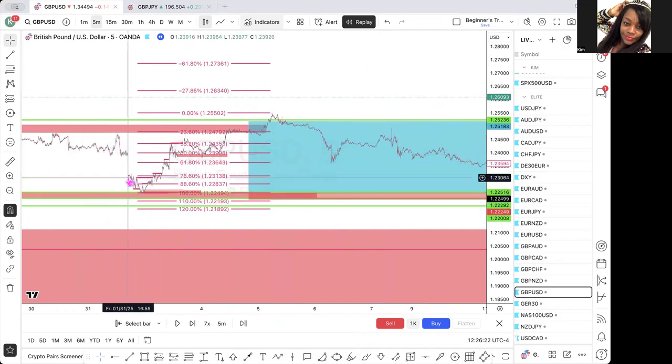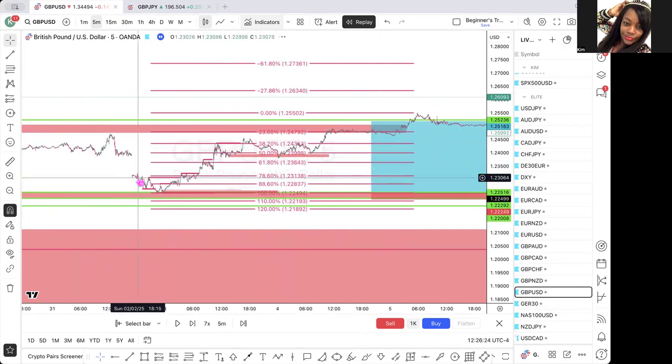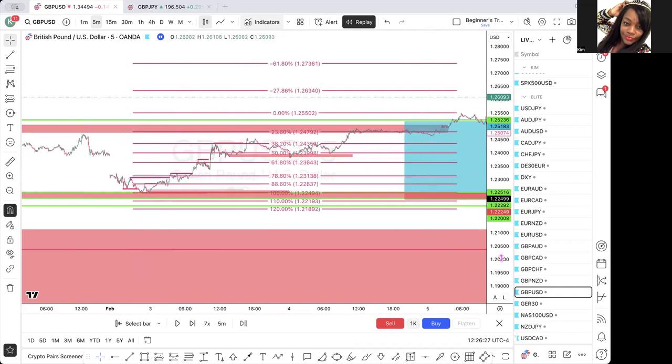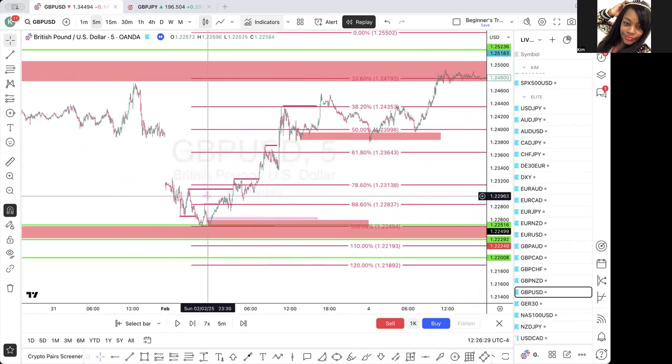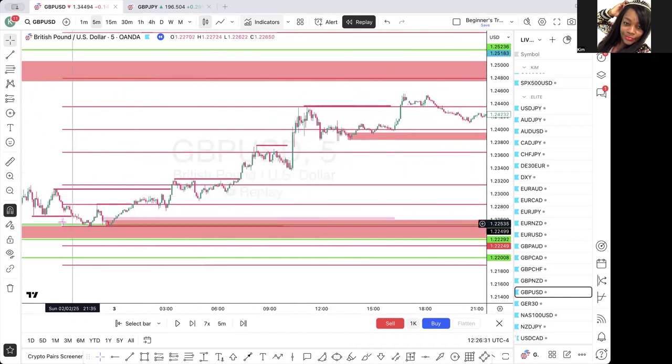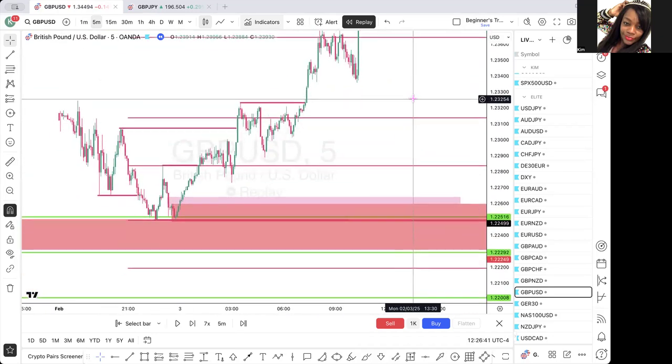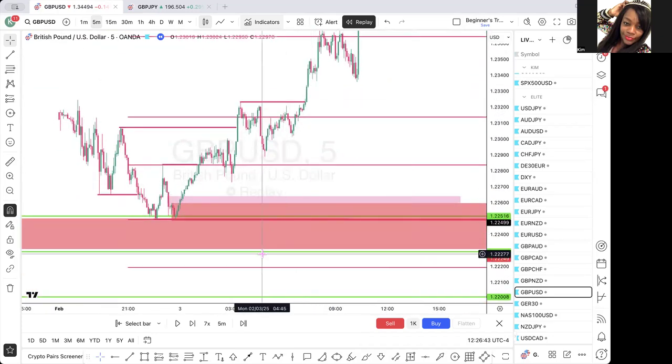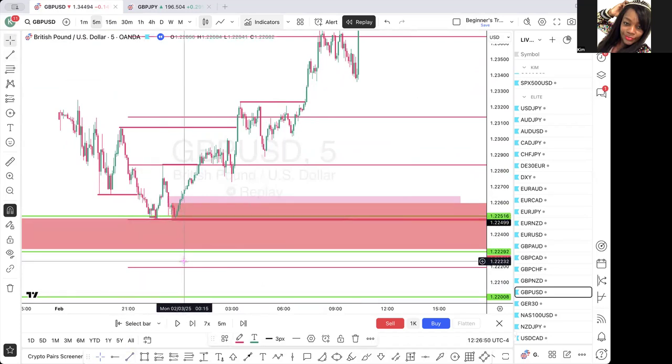The structure is structure. Whether I'm looking at it on the 5 minute, I marked this up on the 15 minute. This is still the break of structure. This is still the swing high. This is still the swing low. Now, if I wanted to get super detailed, then this would be the break of structure on the 5 minute, right?